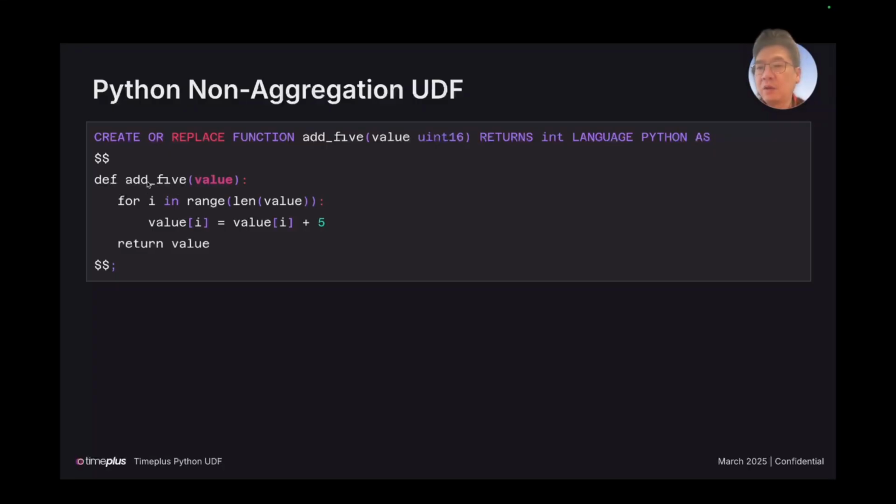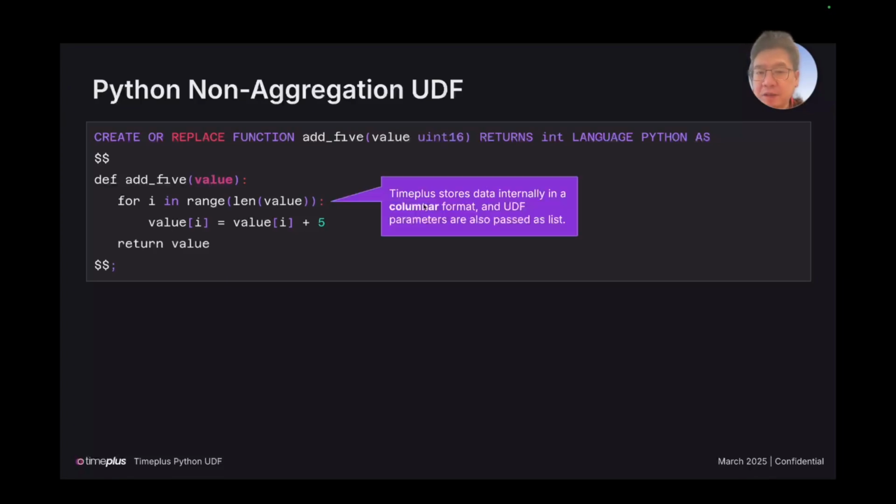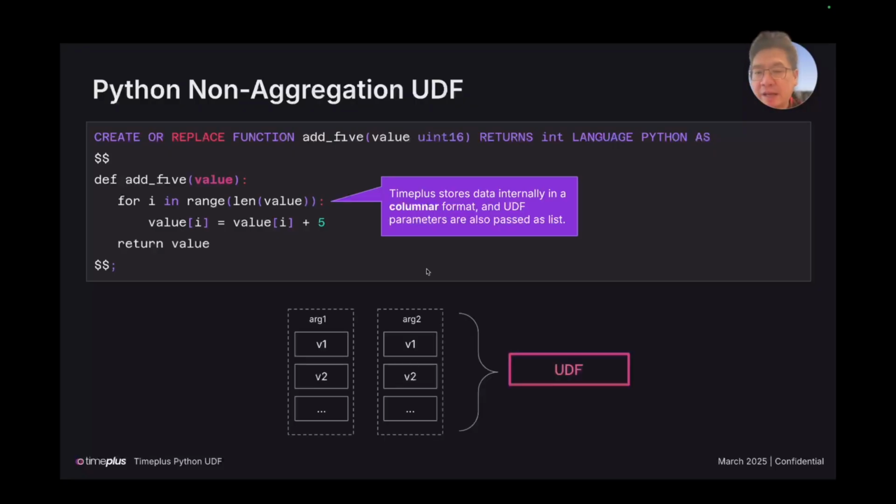One thing to mention is that here we have the same function, a Python function and UDF function, add5. But the input value here is actually not a number. Instead it's a list of numbers, because Timeplus internally stores data in column format, and Timeplus also processes data in batches.